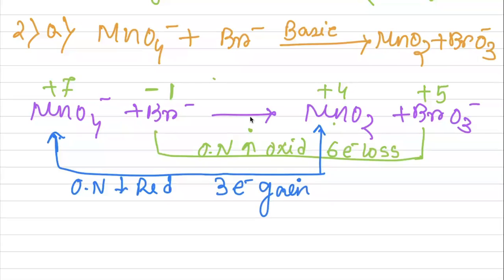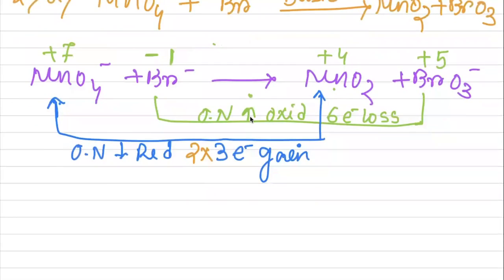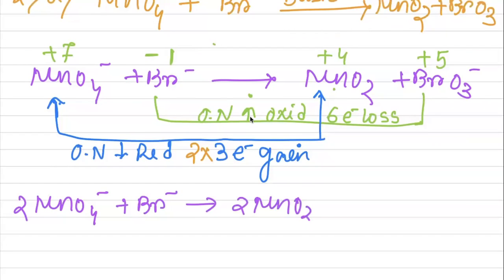Then that means we have to multiply it by 2. Now let's write the reaction again. 2 MnO4 minus plus Br minus gives 2 MnO2 plus 2 BrO3 minus. Okay. Electron we have balanced.